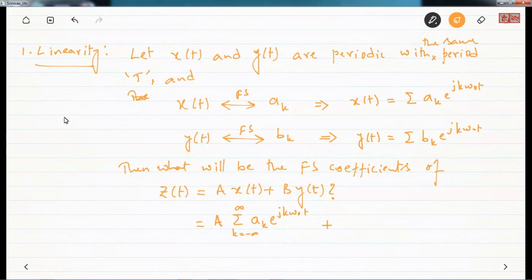So the same thing I'm putting here: a times x of t and b times y of t. I hope you have done this much, because this is very straightforward.